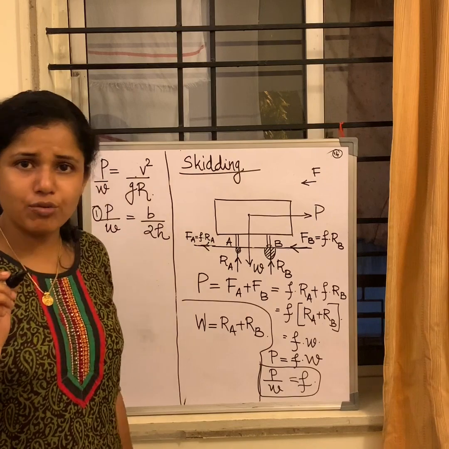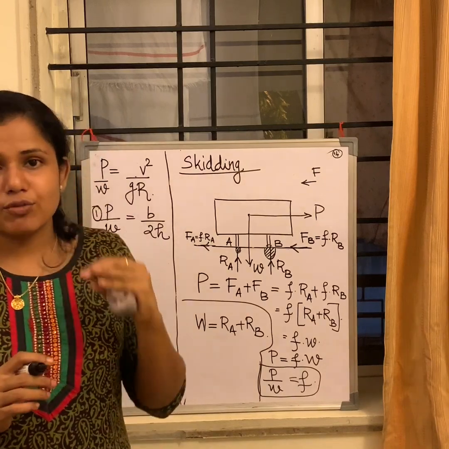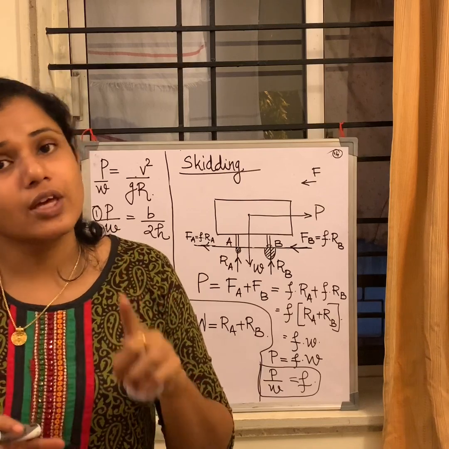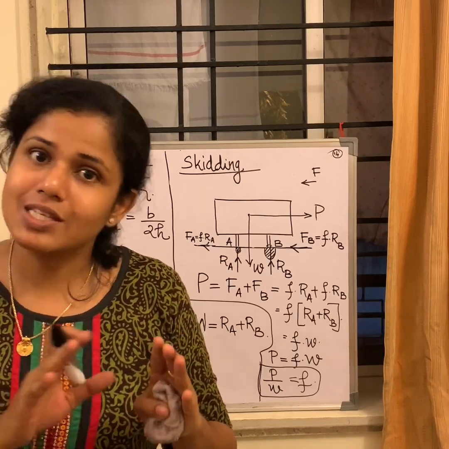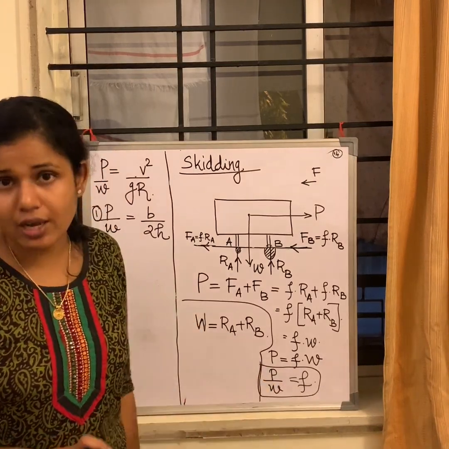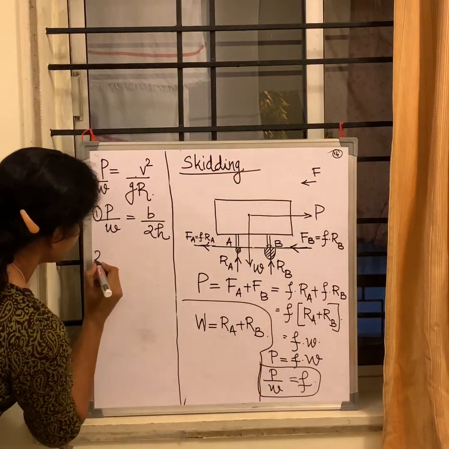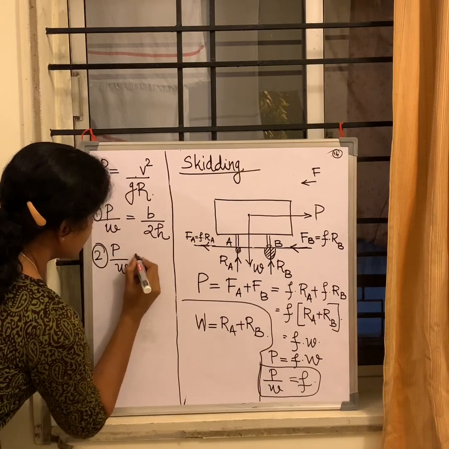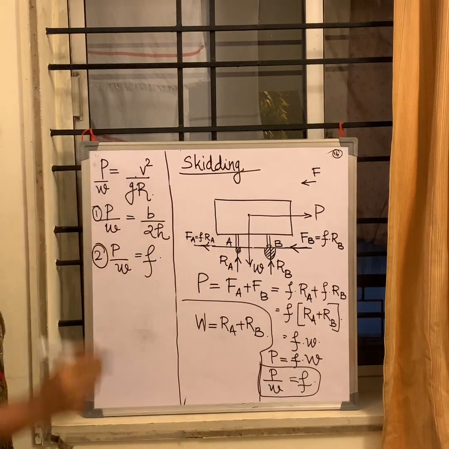So what is the meaning of it? As I said, when your centrifugal ratio is limiting to your frictional resistance, then you are in danger, because skidding may happen if the value exceeds your F. So let's write the second condition we have derived, which is P by W is equal to F, friction.